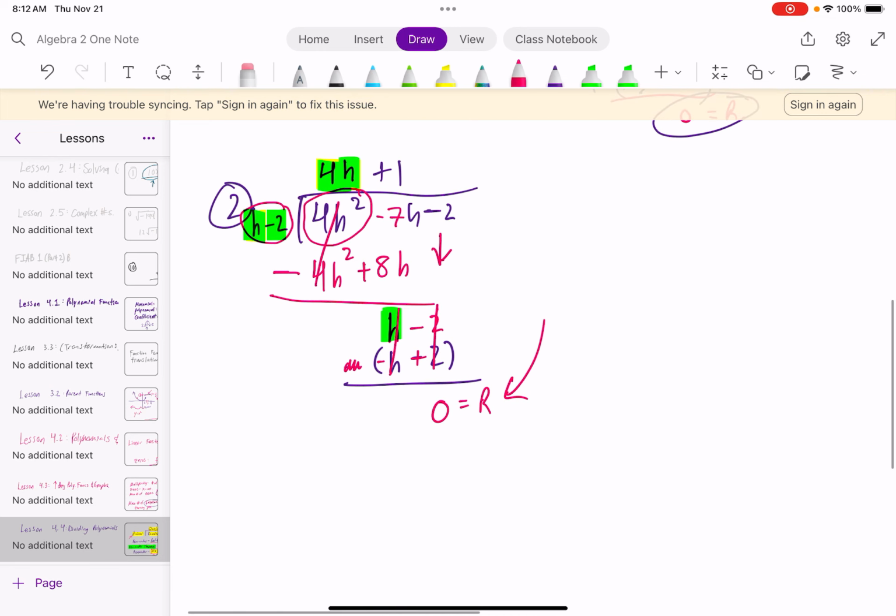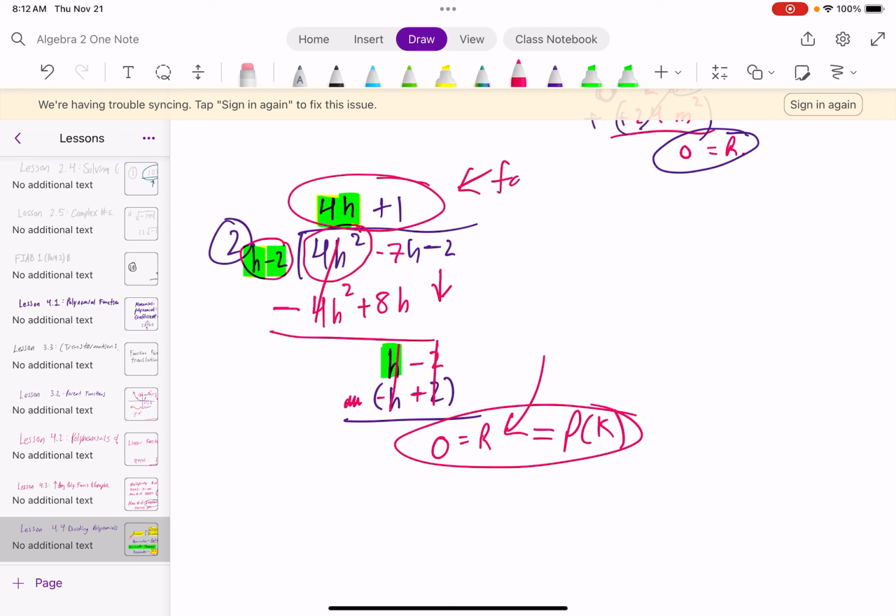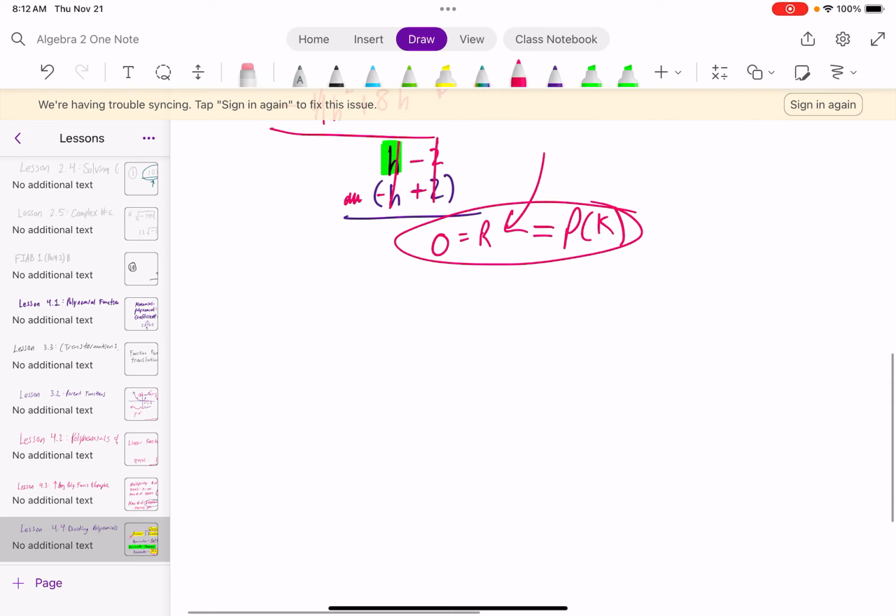Okay? So this is a factor here. This would be P of k, and it's 0. So therefore, this is a factor of the polynomial. Number 3.